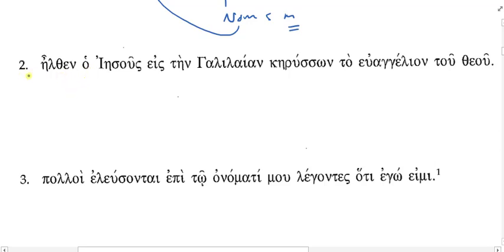Now, let's read 2 together. Elthen ho Iesous eis ten Galilaian keruson to euangelion tou theou. All right, very good. Now, here's elth. Elth is related to which lexical form? What's that?